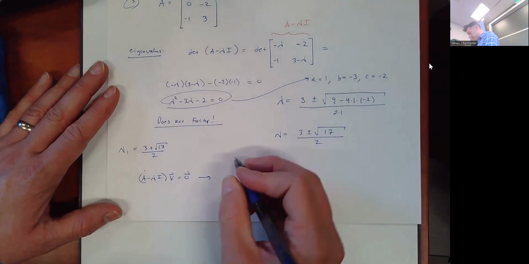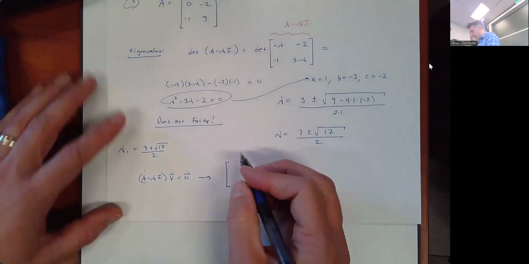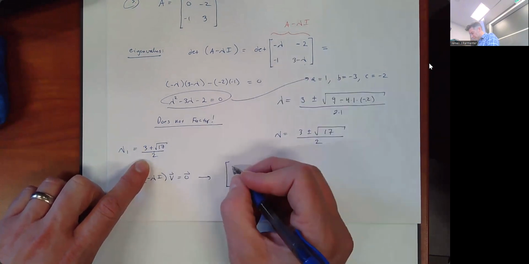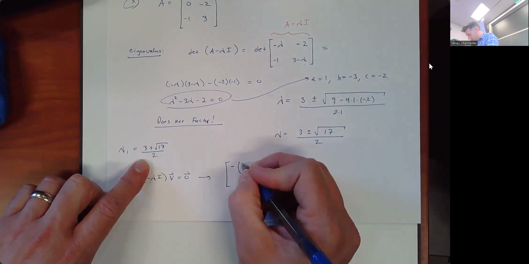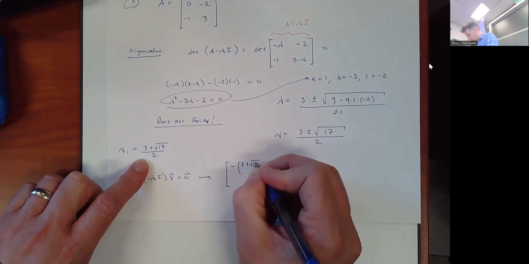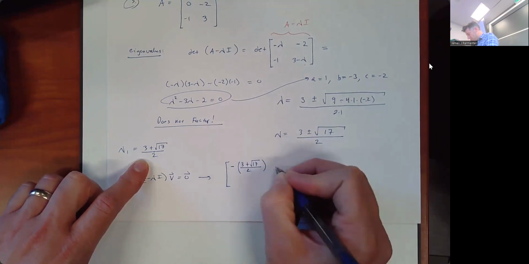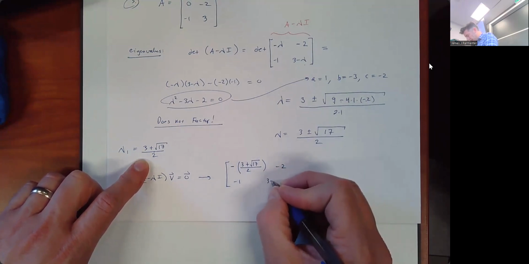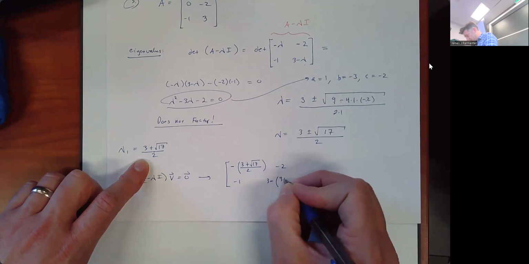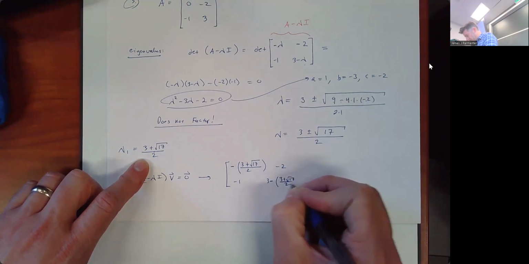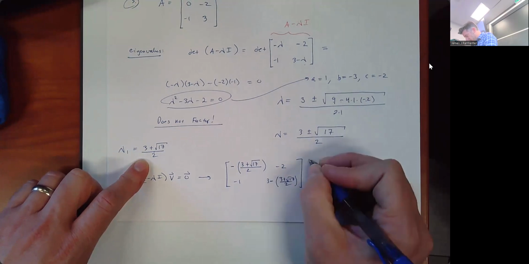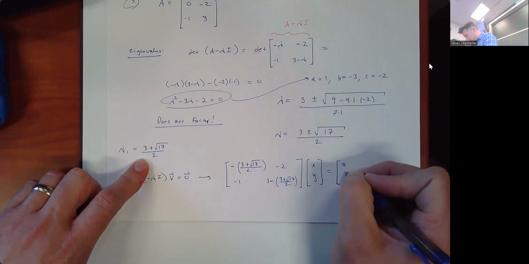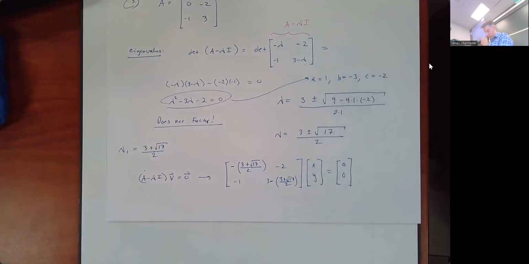It's going to become, all right, here's my A minus lambda I. I'm just plugging in this lambda right there and right there. So I'm going to get negative 3 plus the square root of 17 over 2, -2, -1, and 3 minus 3 plus the square root of 17 all over 2 times x y equal to 0, 0. And of course, I should have given myself a new page to work with here.